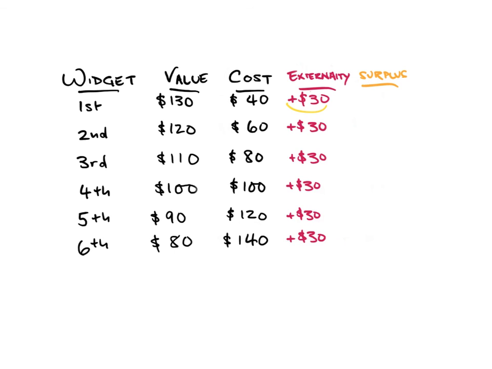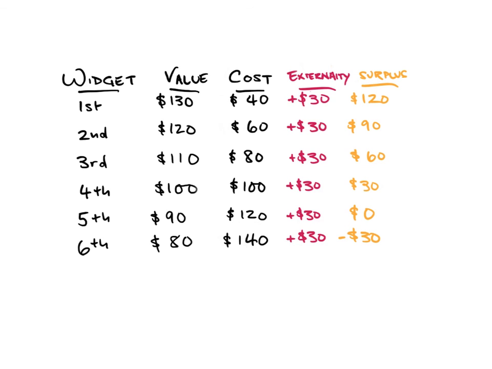There's a positive externality of $30, and then we can add up the total surplus. 130 minus 40 of cost plus 30 of external benefit equals $110 of total surplus generated. And we can fill out the rest of the table the same way.